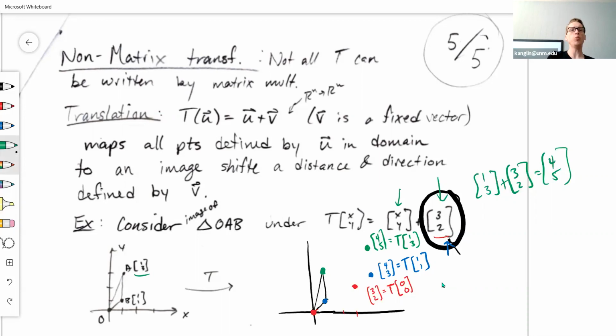So I hope we notice that our shape didn't change at all. All it did was move to here. That's all that happened here, right?